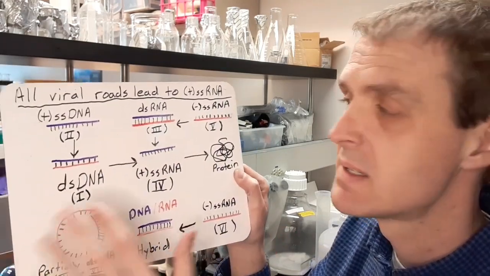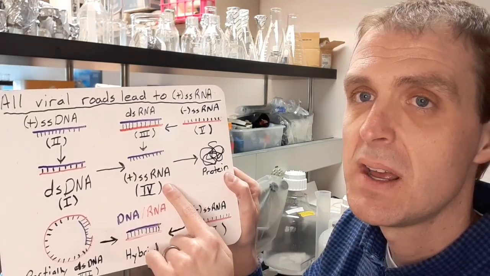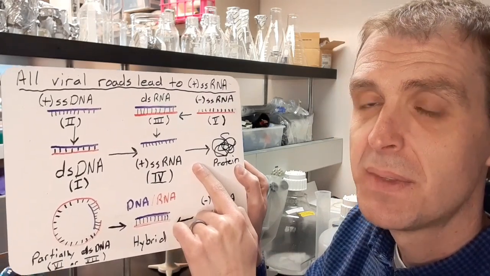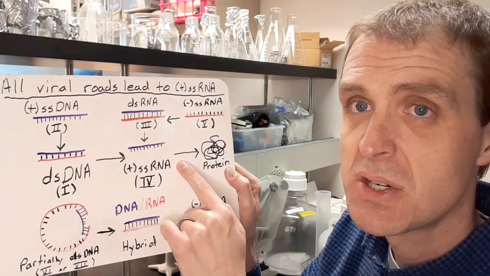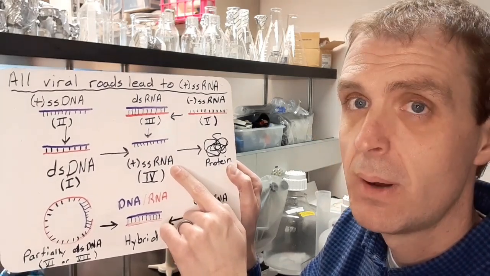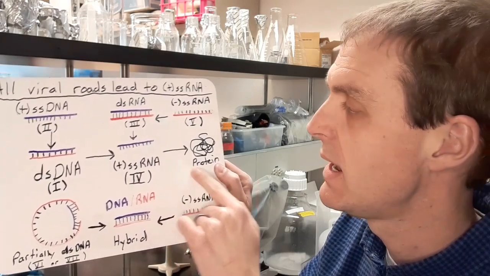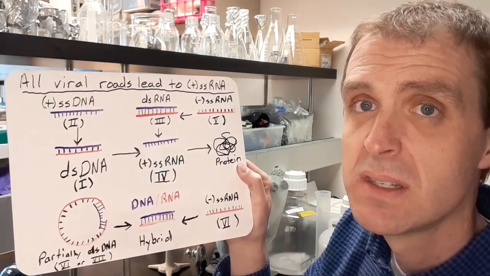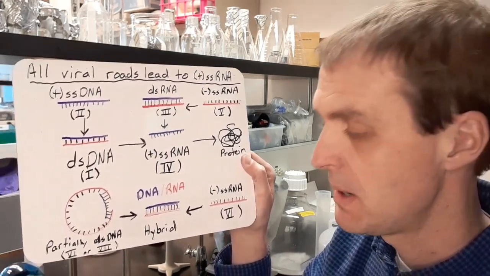But again, the main point that I want to get across on this is that everything has to get to a single-stranded RNA positive sense, because the host cell that the virus is infecting has the translation machinery that allows you to go from a single-stranded positive sense RNA and read it like an mRNA and make a protein. So viruses could be considered parasites of the host cell's translation machinery.